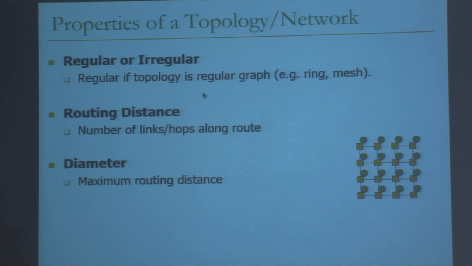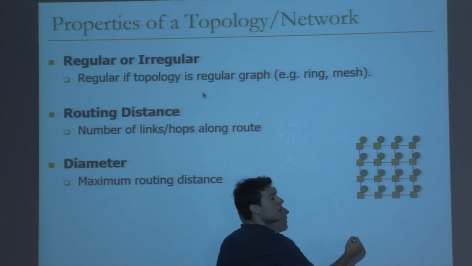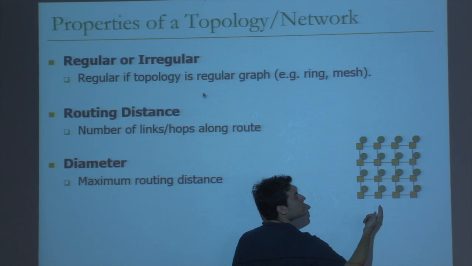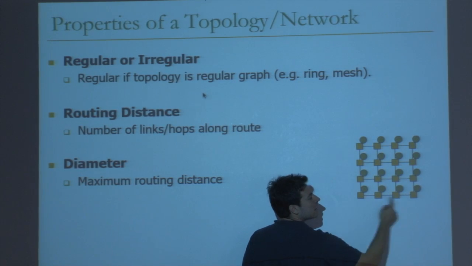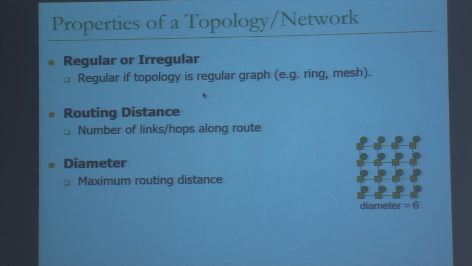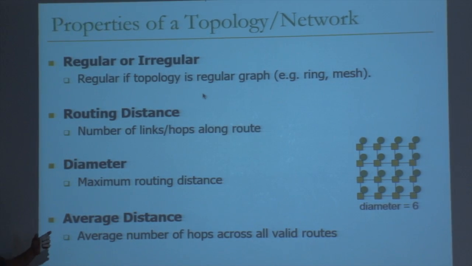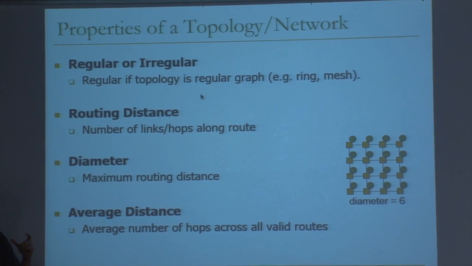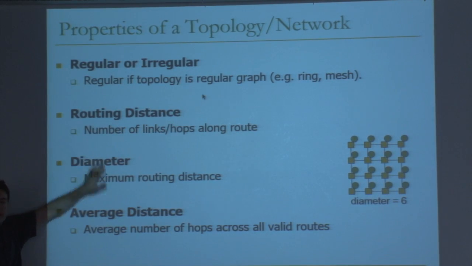So in that case, it would be, for instance, going from this router to this router. And no matter which path you choose, you'll have to do at least 6 hops. So 1, 2, 3, 4, 5, 6. The same goes if you go this way. Okay. And finally, the average distance is if you take all possible pairs of nodes and you look at all of the routing distances between them, take the average of that, and you get the average distance of a network.